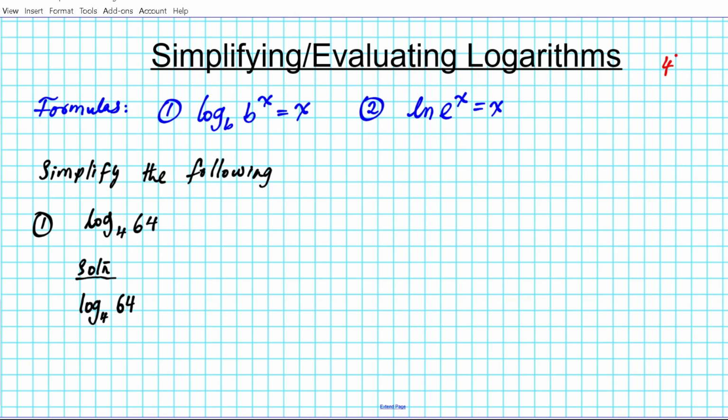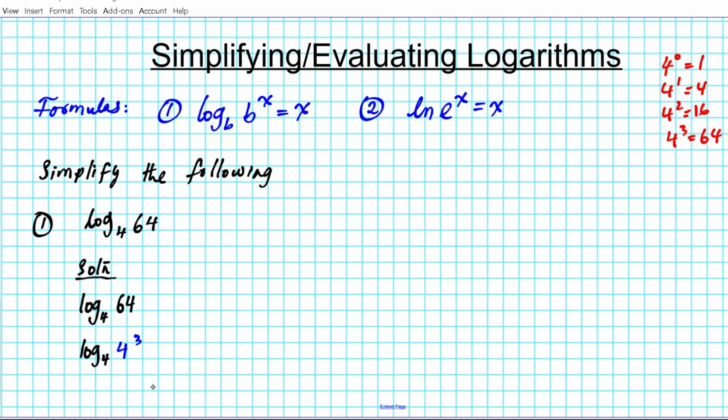Let's start from 0. 4 to the 0 is 1. 4 to the 1 is 4. 4 squared is 16. 4 to the third power, just multiplying by 4 repeatedly, is 64. Voila, that's what we want right there. So we're going to rewrite this as log base 4, and instead of 64, we'll replace that with the equivalent term that's a power of 4, which is 4 to the third.